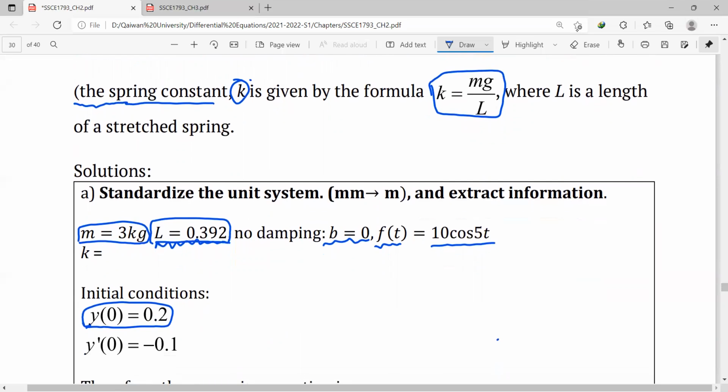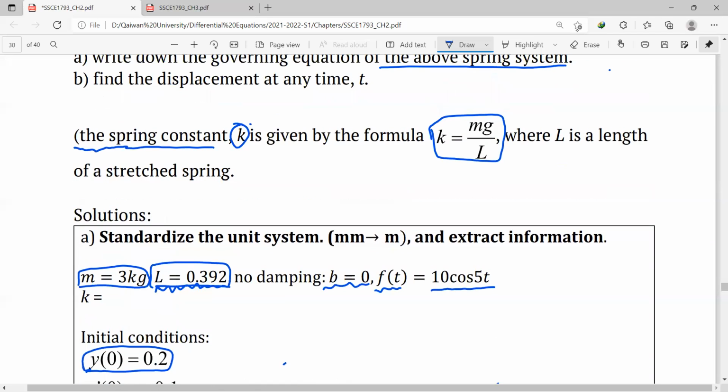And the initial velocity, we said y prime of 0 equals 10 centimeters per second. To convert this to meters, it becomes 0.1 meter, but here it's negative. Why? Because it's upward. But the displacement is positive because it's downward.